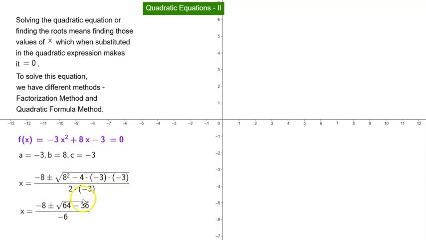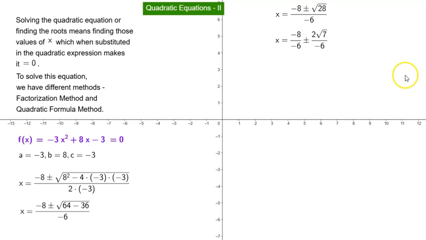So odd number of times minus is there. So minus 4 times 3 is 12. 12 times 3 is 36, divided by minus 6. So be careful about the signs. So x is equal to minus 8 plus or minus square root of 28 divided by minus 6.